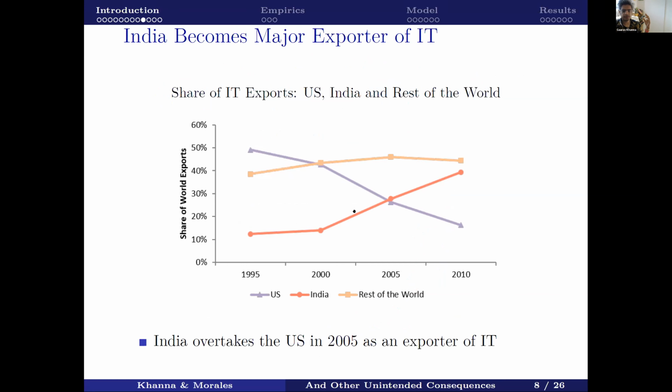And by around 2005, India became the largest exporter of information technology. So India overtook the US in IT. So there was essentially this spread in the tech boom from the US to India, partly because of US immigration policy, right?